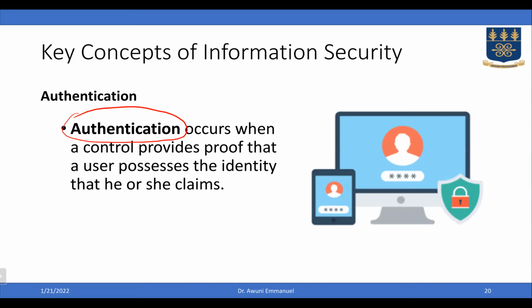After authentication, nowadays there's even two-way authentication. Sometimes, even if you enter your credentials, the system will automatically send an email to your inbox to click on a link to verify that it is really you before you can access the system.